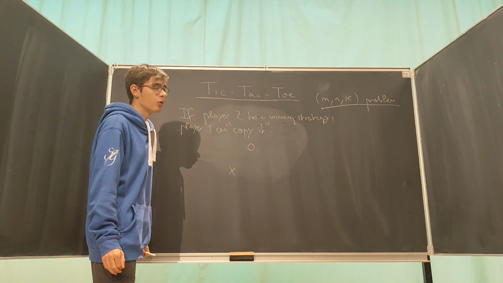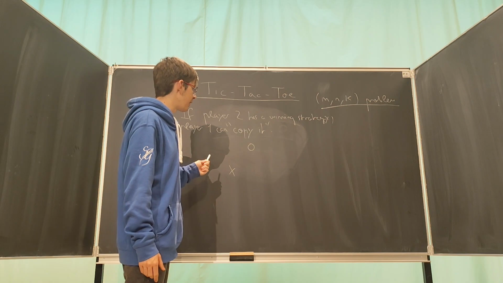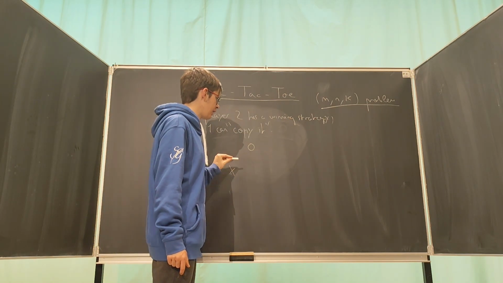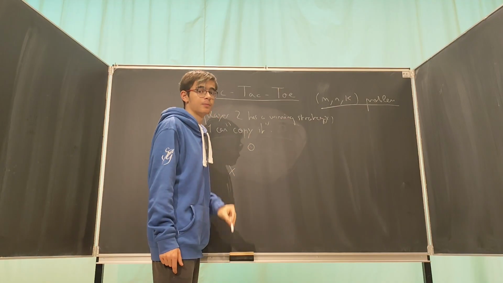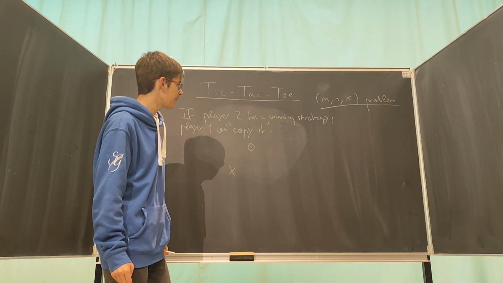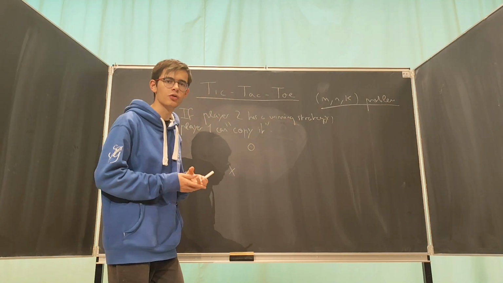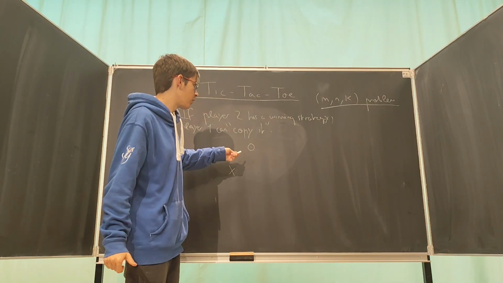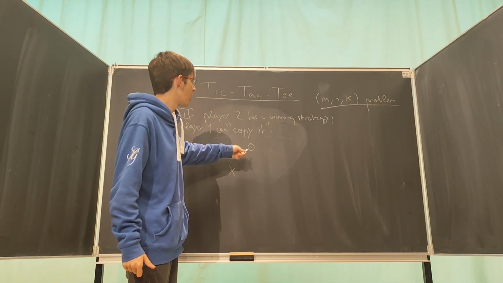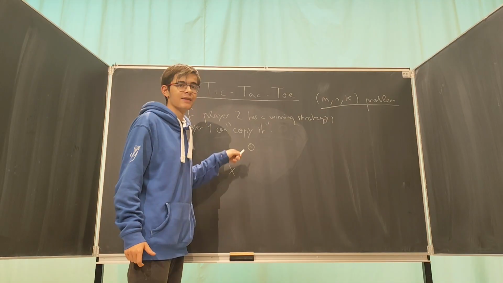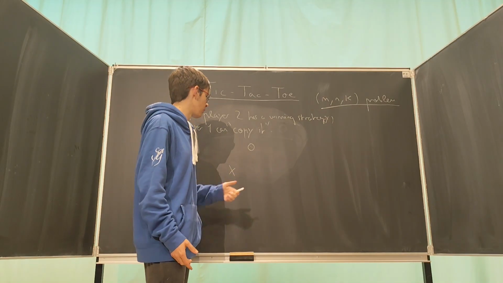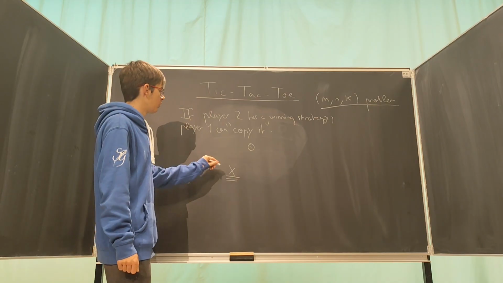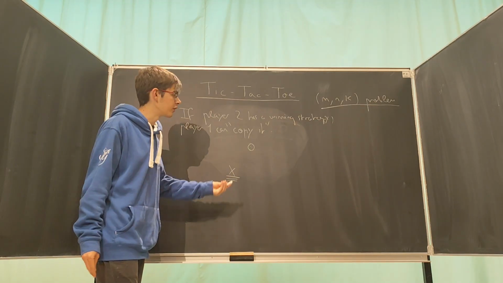And now, player 1 is going to play the move that player 2 would have played if player 1 had played here. Okay? So basically, player 1 is going to do as if he were player 2 and play the winning strategy for player 2 as if he was going after. Okay? The only difference is that he has already played once.